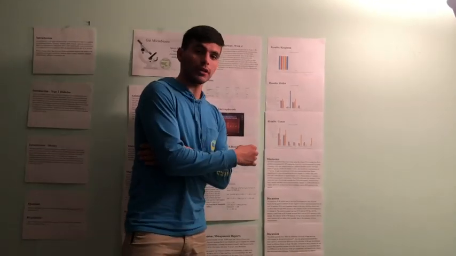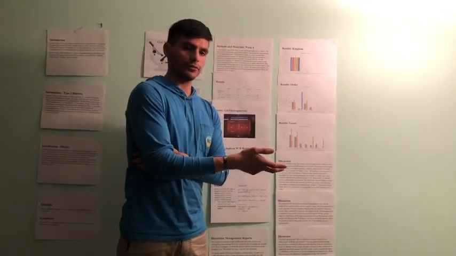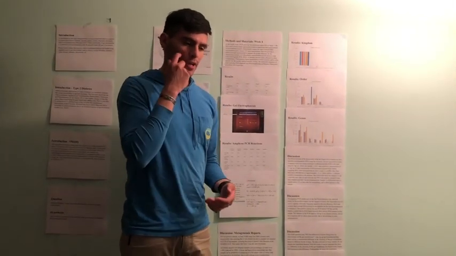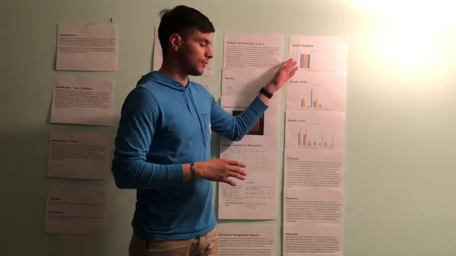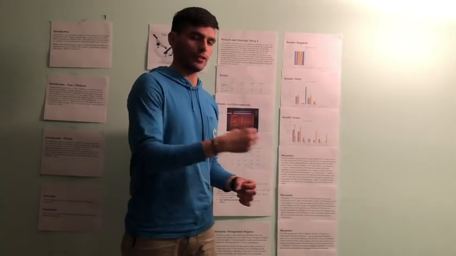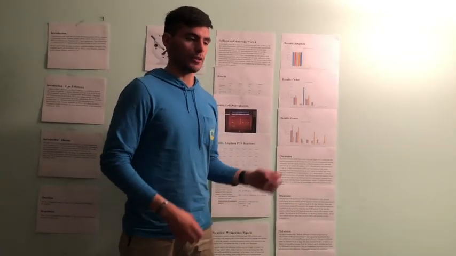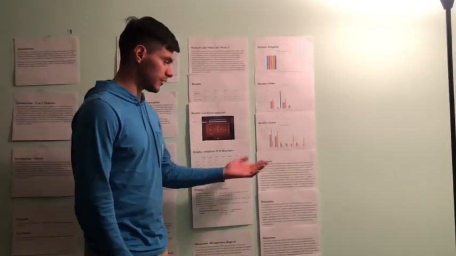It's not on here, but there's another category which is other, and that's like other and unknown. That's for things that these kits were not able to pick up. So if it's a bacteria that's not known for that kit, it won't pick it up and it'll just put it under other.